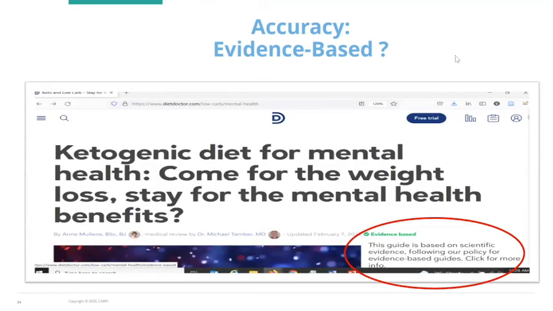So now we're going to go back to the evidence-based tag. What does this mean? They're saying that this guide is evidence-based. The challenge with this is that anyone can put up a tag that says it's evidence-based.